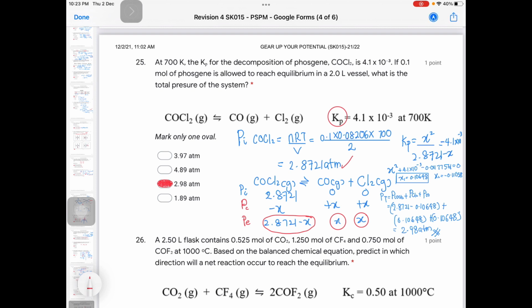Jadi bila Kp is equal to x square over 2.8721 minus x equal to 4.1 exponent negative 3. So bila kita expand the equation, dia akan jadi x square plus 4.1 exponent negative 3 x minus 0.01177561 equal to 0. So bila kita solve gunakan quadratic expression, kita dapat x1 sama dengan 0.010648, x2 negative 0.11058. Jadi kita ambil x1.